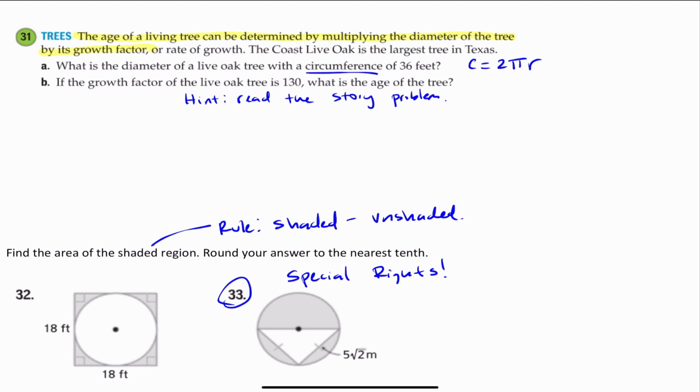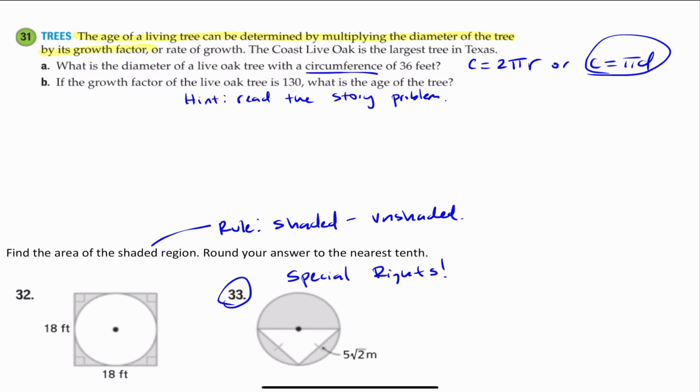Okay, so first of all, if you recall, to find the circumference, you use C equals 2 pi r or C equals pi d. I would use C equals pi d for this one. For A, your circumference is already given, and you're being asked to find the diameter, so you're working backwards for this problem.